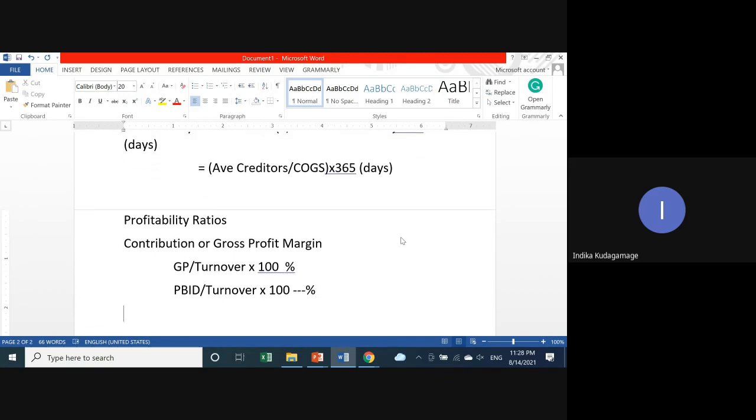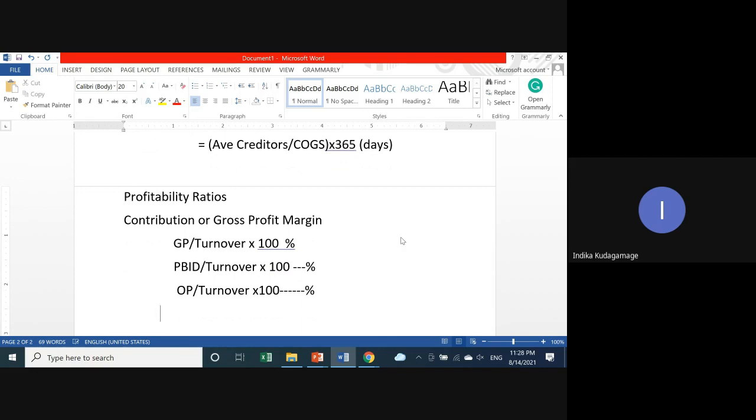Then we have operating profit divided by turnover into 100. Again, it comes in as a percentage. All these ratios come as percentages.